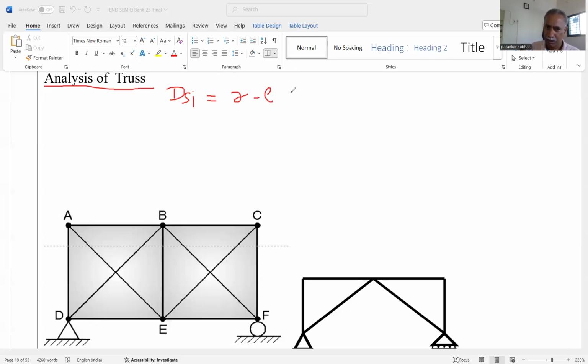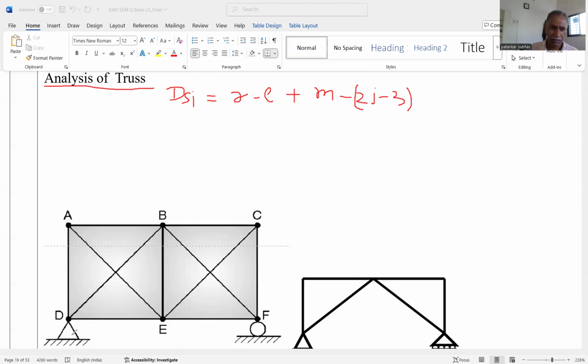Internal, for a simple truss, is m minus 2j minus 3, and for a cantilever truss it is m minus 2j.